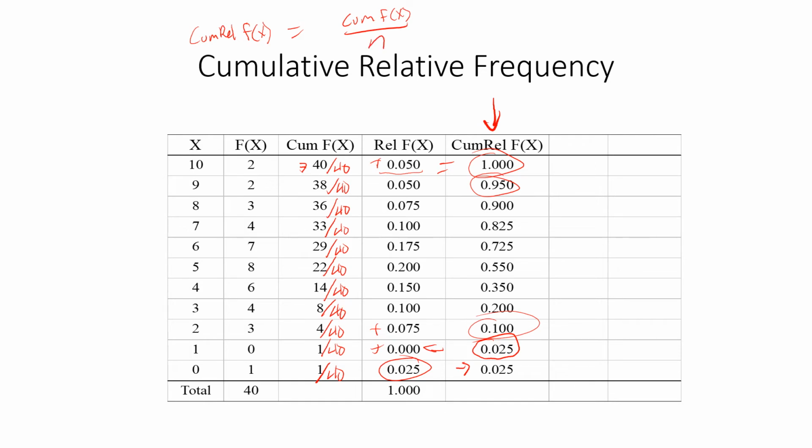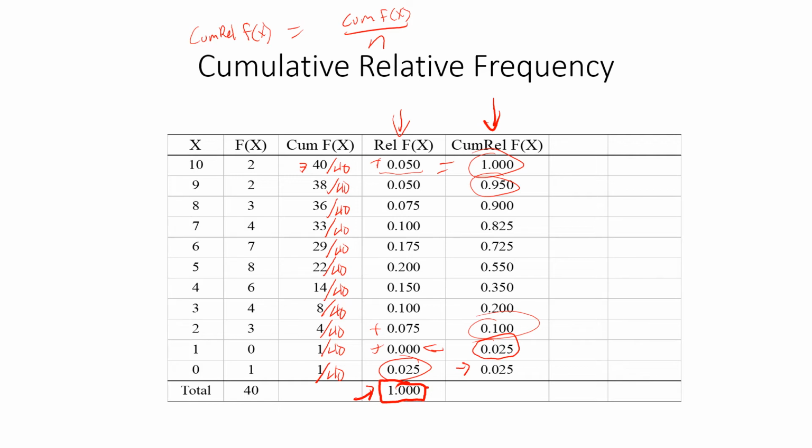And another quirk you'll get here, in the relative frequency column, you notice at the bottom, if you add them all up, you get 1.000. You may get a number that is slightly different than this due to rounding errors. It doesn't matter what number you get. If you get 0.99, 0.98, 1.01, 1.02, something like that, still put 1.00 here because it totals 1.00 if you correct for rounding errors.